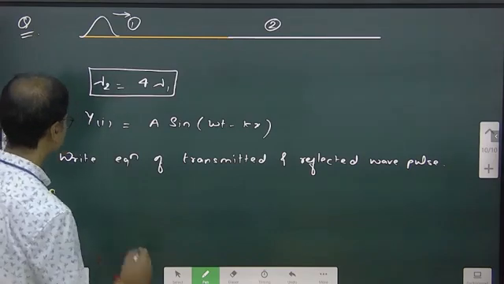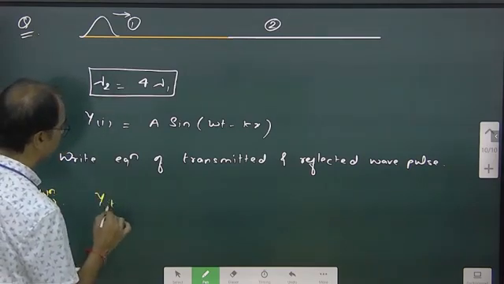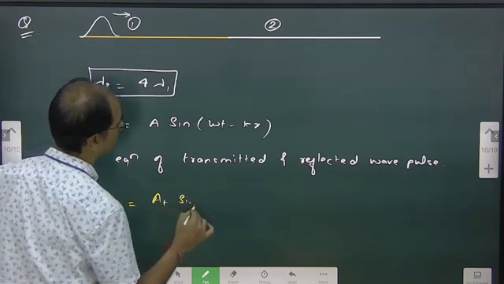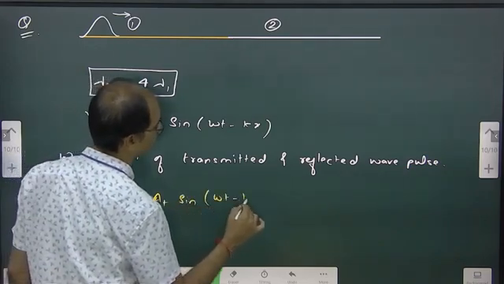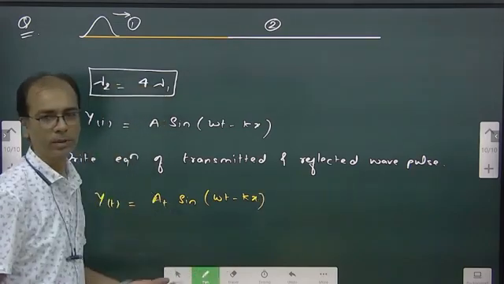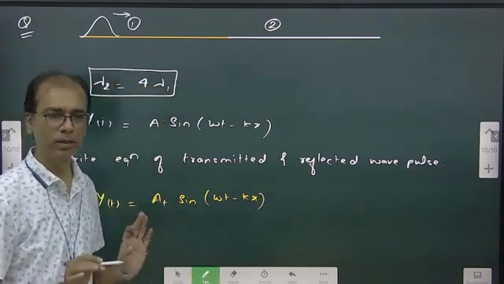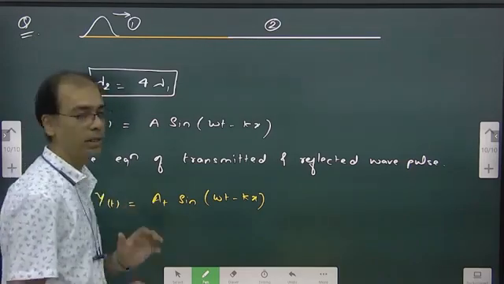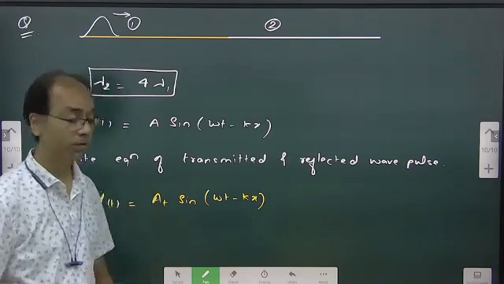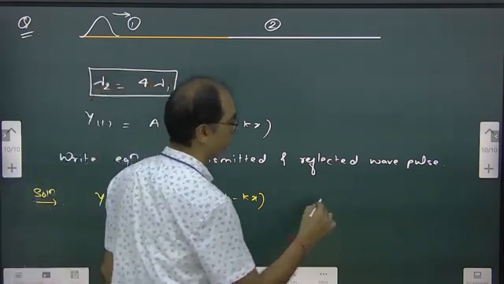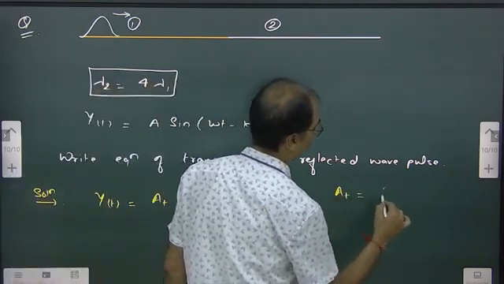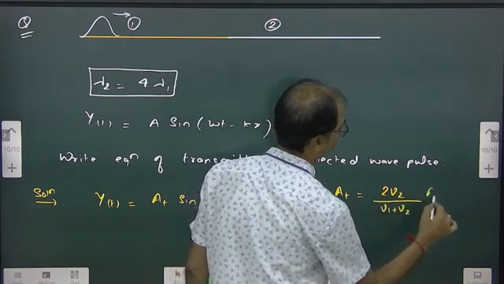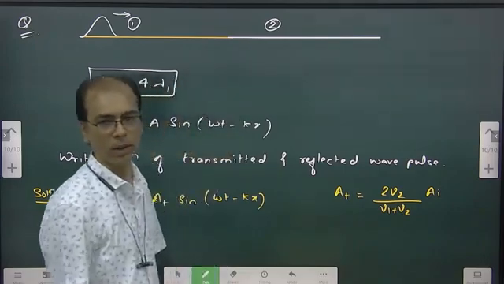Now, equation of transmitted wave will be what? We'll write it as yt equal to at sine(omega t minus kx) only, because we know that for transmitted wave there is no change in phase. It will travel in the same way. So, only thing I have to find here is AT value. And AT's formula I know. It says 2V2 by (V1 plus V2) into amplitude of incident one.